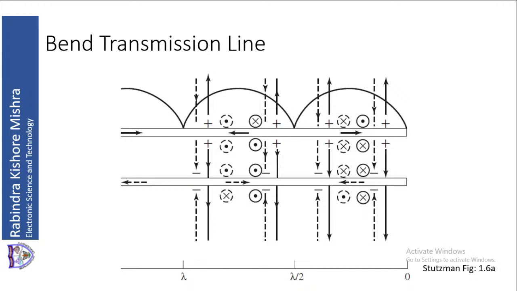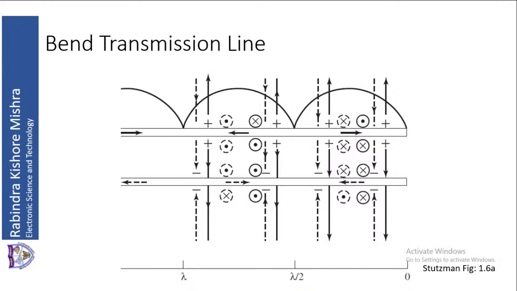Outside the wires, the outgoing magnetic field becomes an incoming magnetic field on the bottom layer. Similarly, the incoming magnetic field at the top becomes an outgoing magnetic field at the bottom.